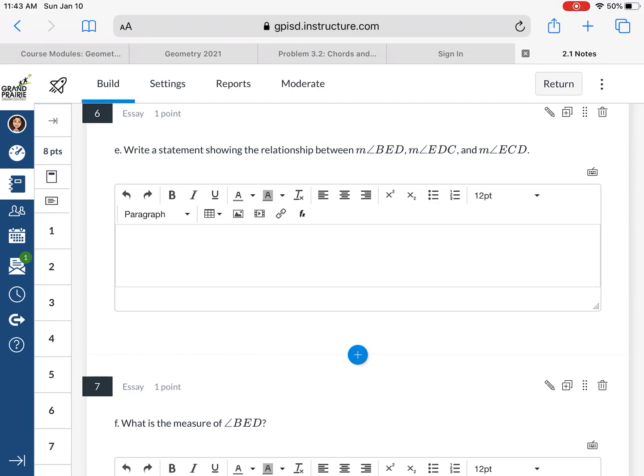Moving on to number 6, it tells us to write a statement showing the relationship between the measure of angle BED, EDC, and ECD. What is the relationship that we can notice when we look at all those 3 angles?